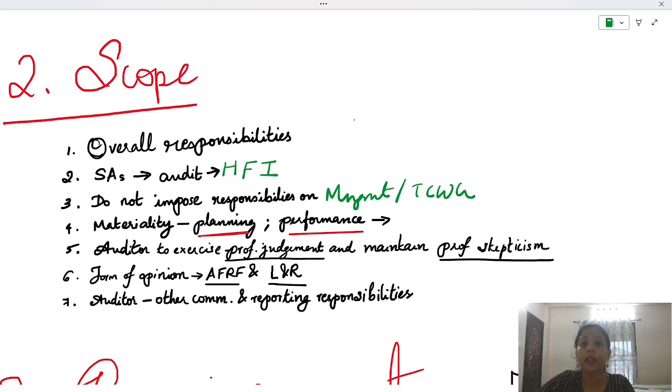Then we give a clean report because we see that the FS is very clear in all material respects. FS is prepared as per the applicable financial reporting framework, and there is nothing that comes to our attention that deteriorates the preparation of FS or that makes us skeptical that there is some fraud in the company or some error which is material. So we give a clean report, right?